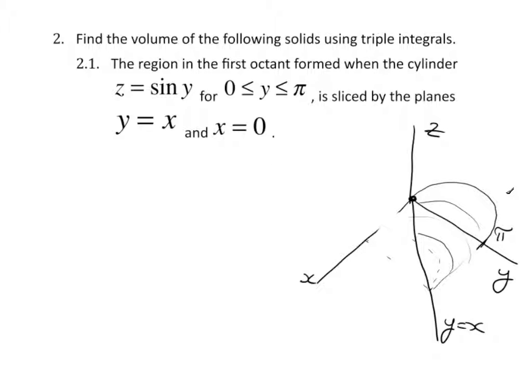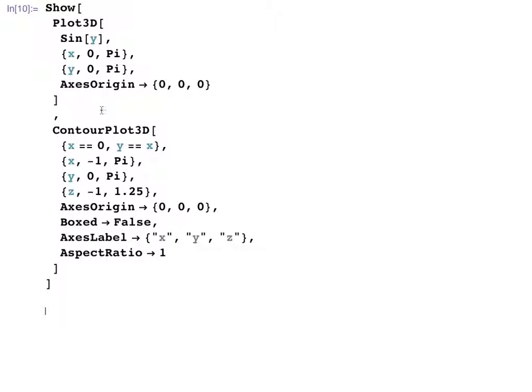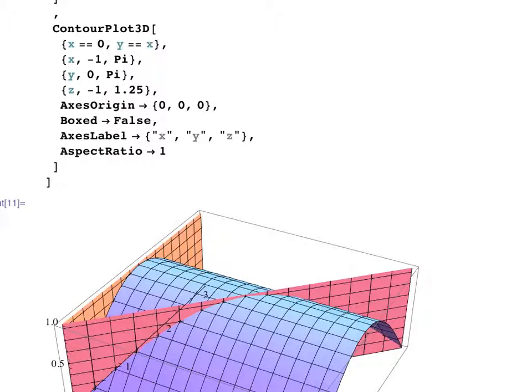Now, to give you a little better picture of what's going on, let's take a look at Mathematica. Here's some code that I used. The Plot3D is just to get that cylinder going, and then the ContourPlot3D gets the two planes in there. So let's take a look at what we get.